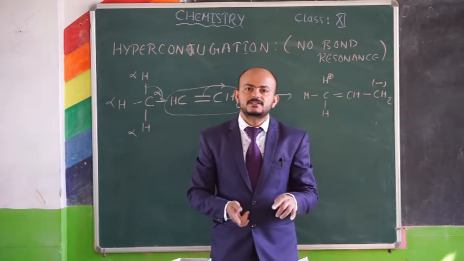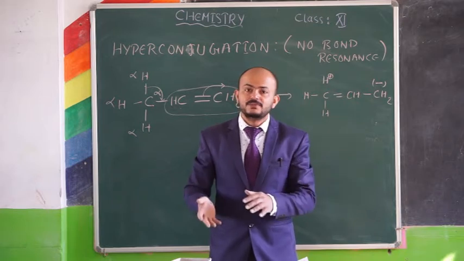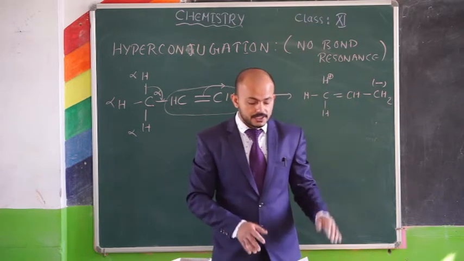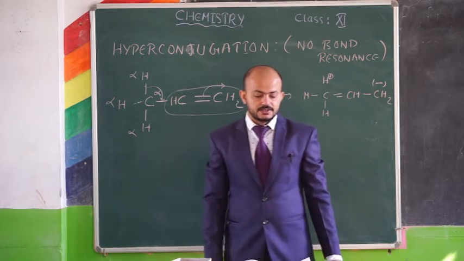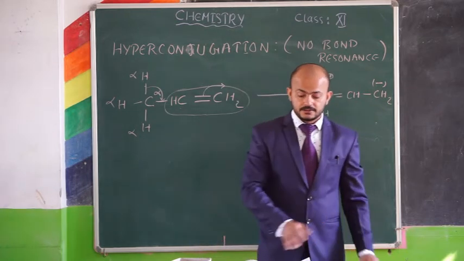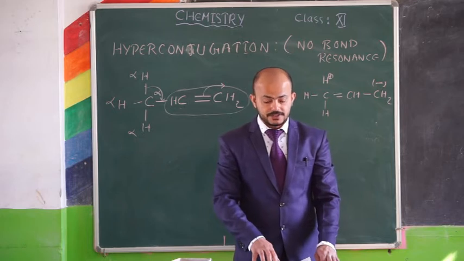In a sense, it means the more alpha hydrogens, the more stable the compound will be. So you have been given its stability order. Always the tertiary, tertiary means what?